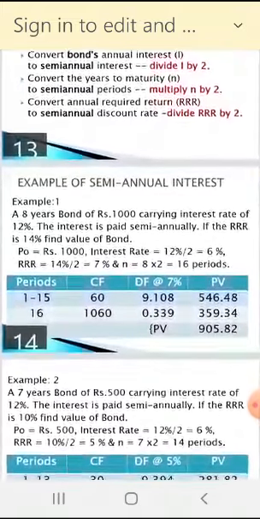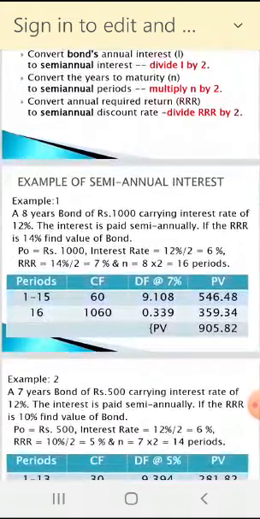So example number 1, please write down, please use your notes; we require a calculator. An 8-year bond of rupees 1000 carrying an interest rate of 12%. The interest is paid semi-annually.